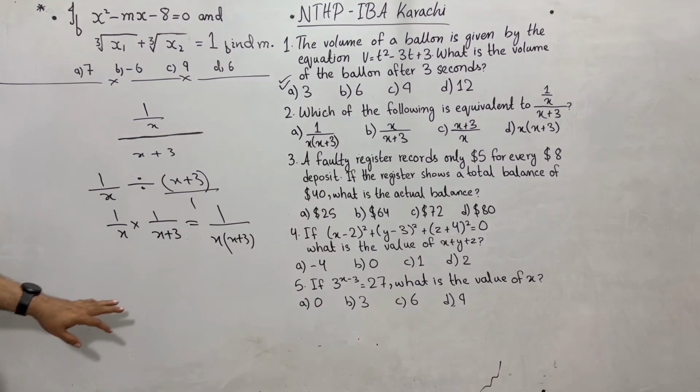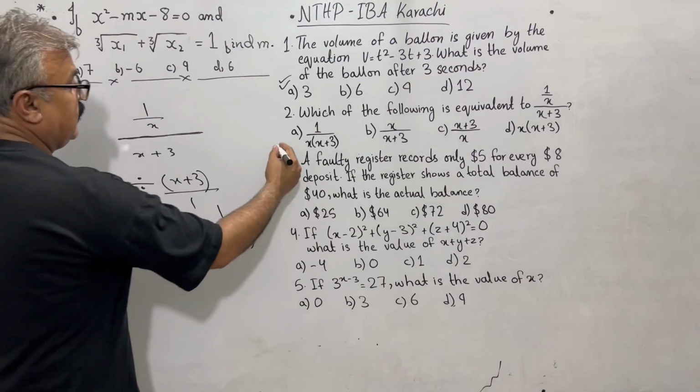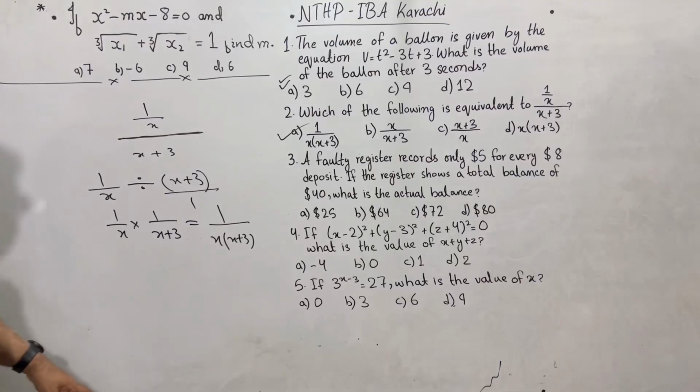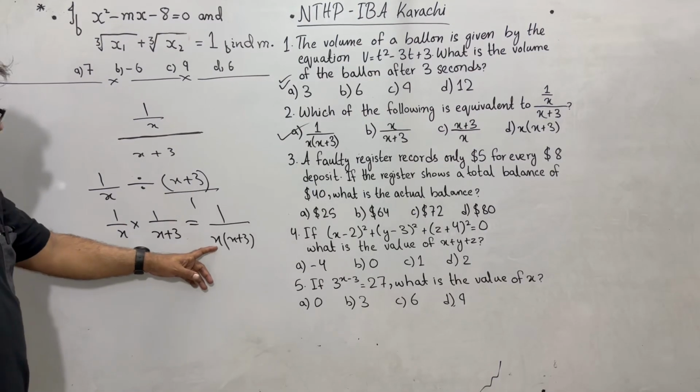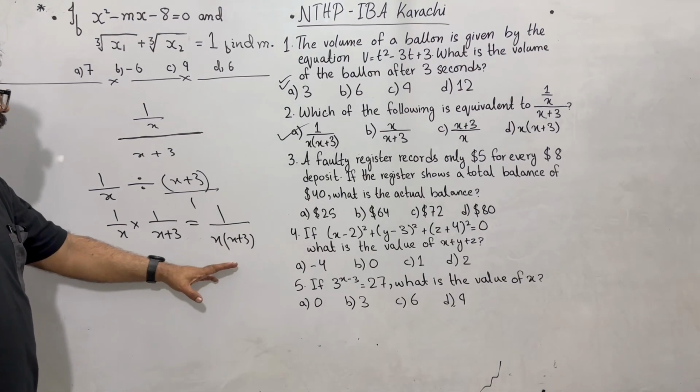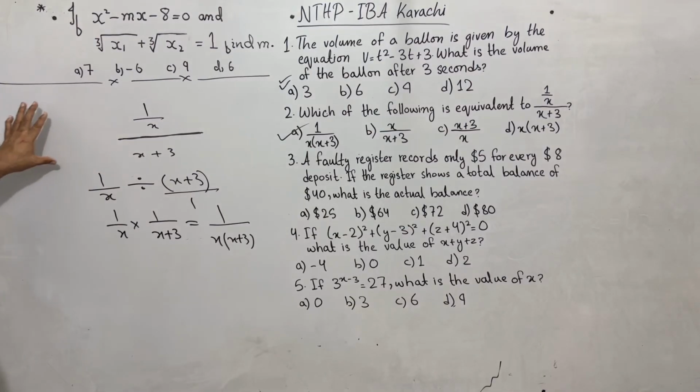Cool. Our option A is correct in that case. One can simplify further: x times x plus 3 is x square plus 3x. What is vital here?